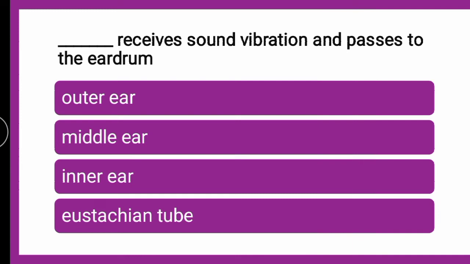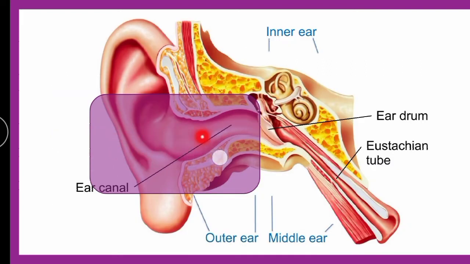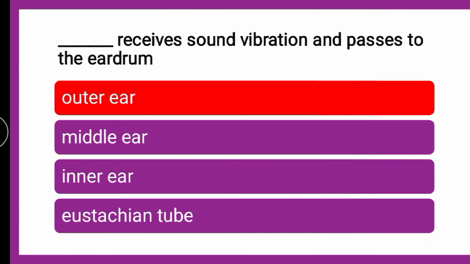To connect with the eardrum, the vibrations or sound waves should come from the outer ear first. Here you can see the outer ear and the eardrum. The region through which the vibration passes is the outer ear canal. So the correct answer is the outer ear.